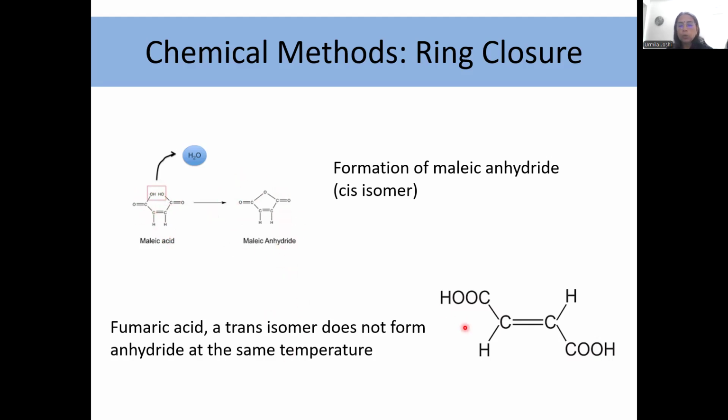So there is a huge difference. Maleic acid forms its anhydride at around 150 degrees Celsius, whereas fumaric acid can form anhydride at about 350 degrees Celsius. Why? Because first it has to get converted to maleic acid, and that requires a higher temperature.